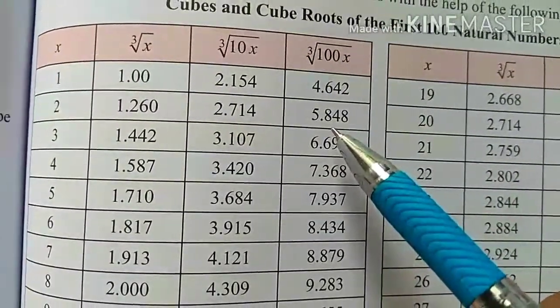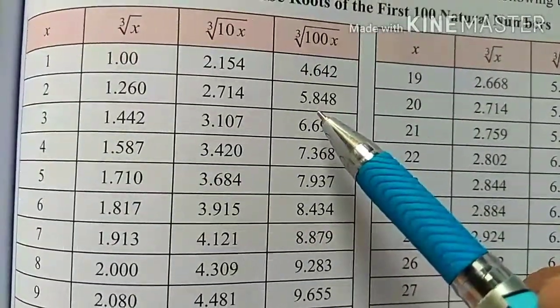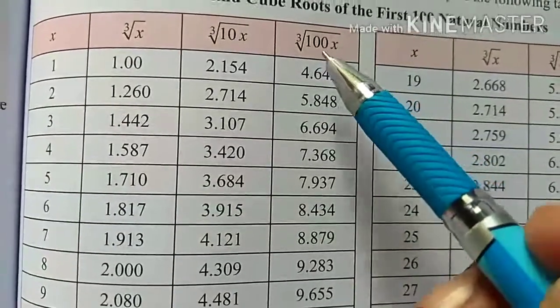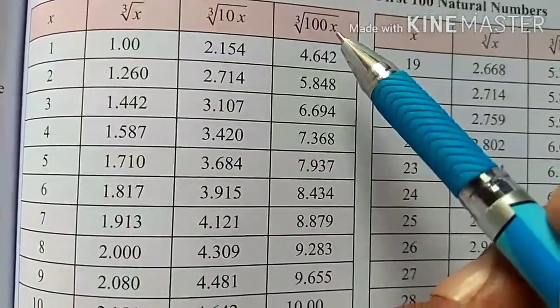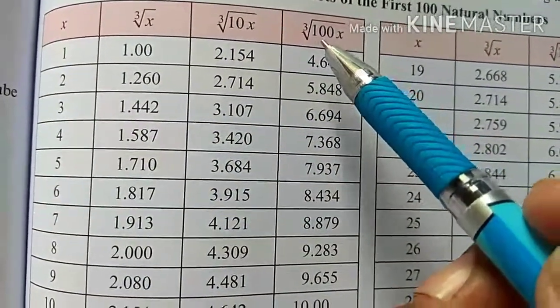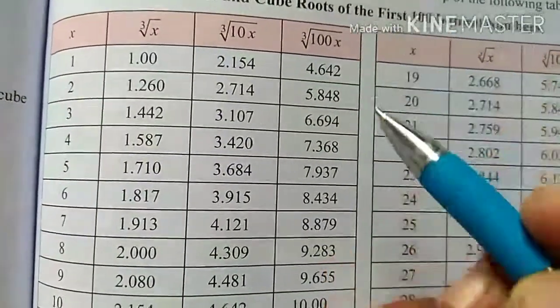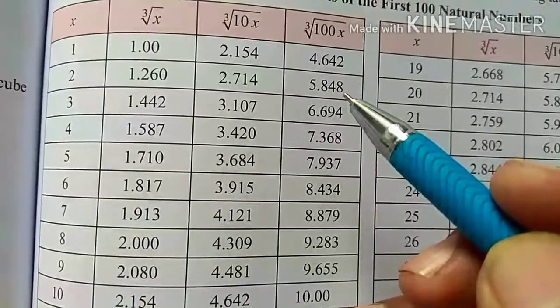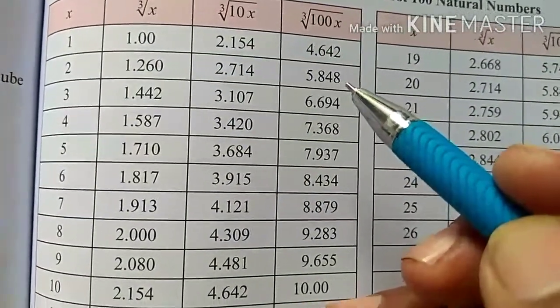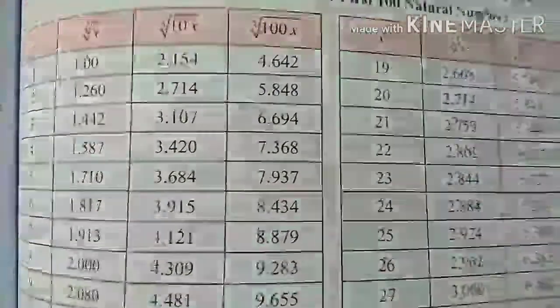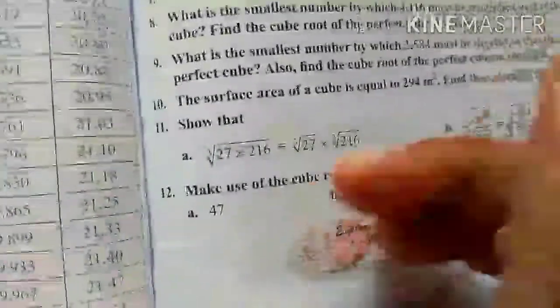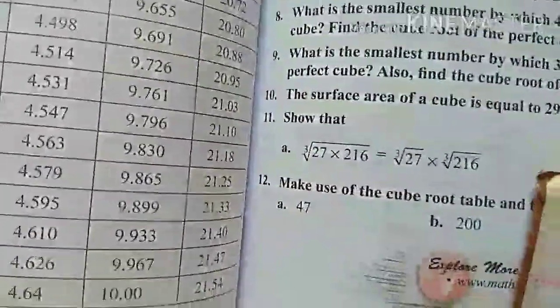So the cubic root of 200, if you write here the value of 2, becomes 2 into 100, it becomes 200. So it is equal to 5.848. Okay, so I am going to solve question number 3 for you. In the same way you can solve question number D also.